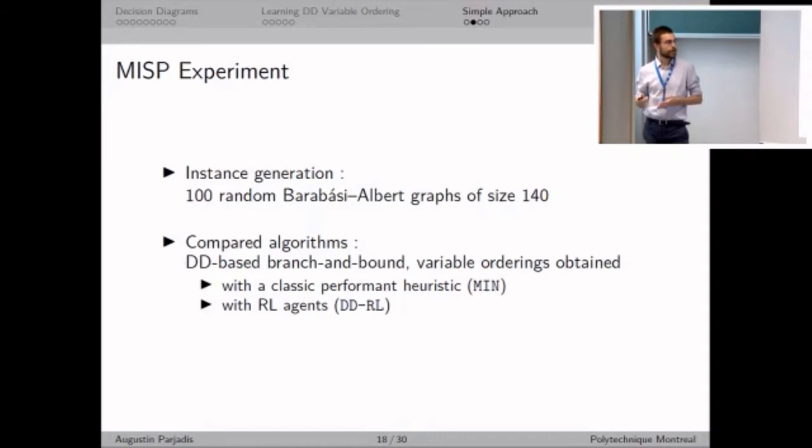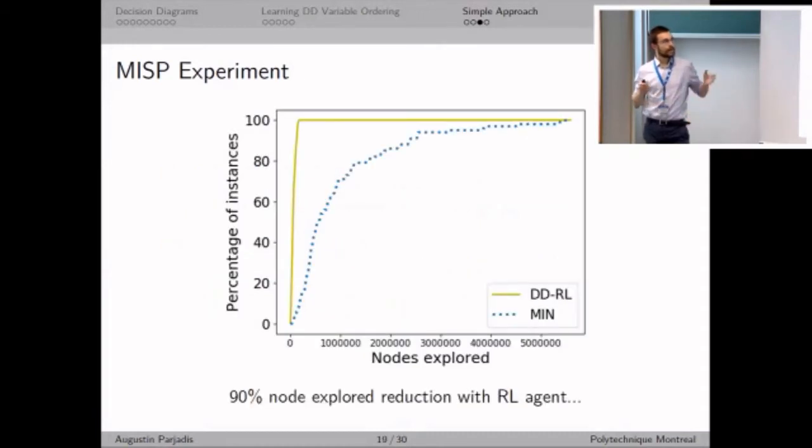Over random graphs, here I plot the percentage of instances that have been solved under a given number of nodes. The higher the curve, the better. As we can see, the reinforcement learning agents allow us to prune the branch and bound search a lot, so a lot fewer nodes are explored during the search, which is great.